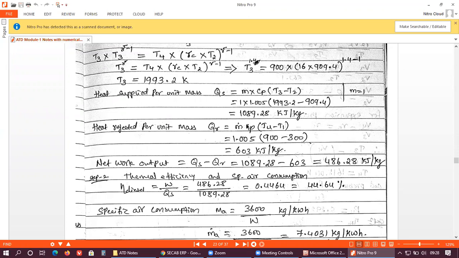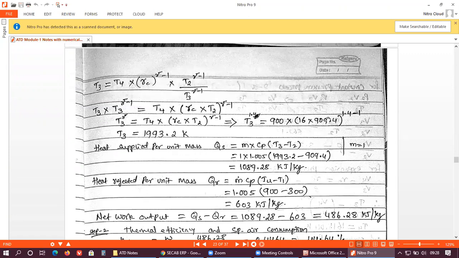Here we need to calculate T2 and T3 because these values are not given. T1 and T4 values are given, whereas T2 and T3 are not. So for that purpose, we need to calculate T2 and T3.